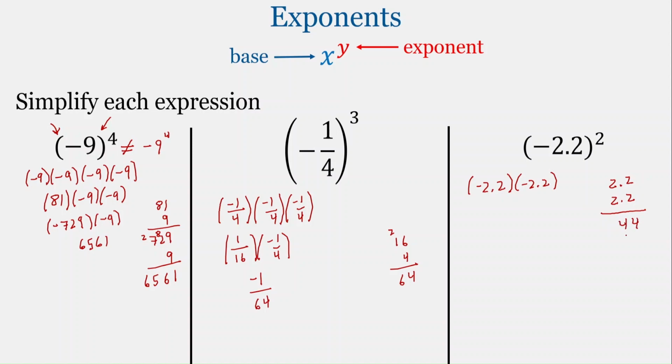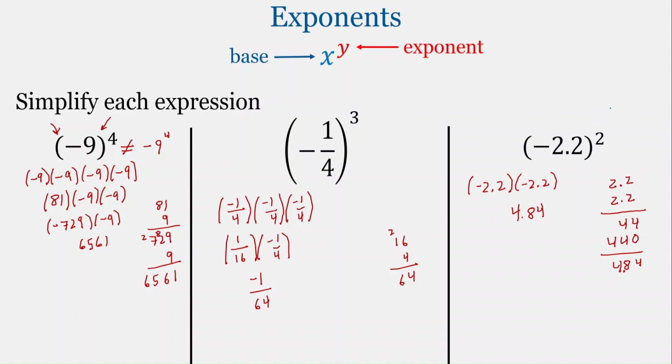Now we're with our tens, so we're going to put a 0 in the ones place here. 2 times 2, believe it or not, is still 4. So we have 4, 8, 4. 2 decimal places, so we have 4.84. And then we have a negative times a negative, so the answer is positive.